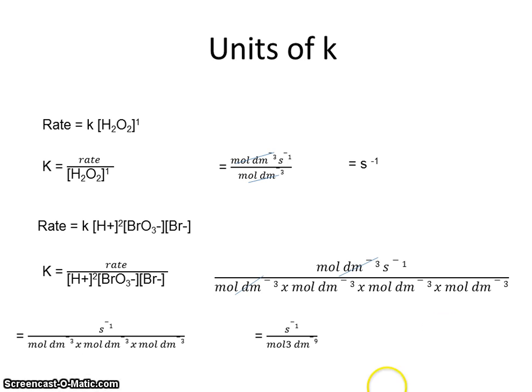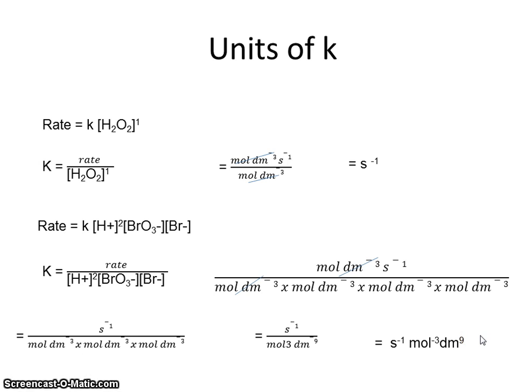We're left now with seconds to the minus 1 over moles cubed dm to the minus 9. The final tweak is to get rid of that dividing sign by realising that 1 over moles cubed is moles to the minus 3. 1 over dm to the minus 9 is dm to the plus 9. So there is our final rearranged and simplified expression for the units of k.